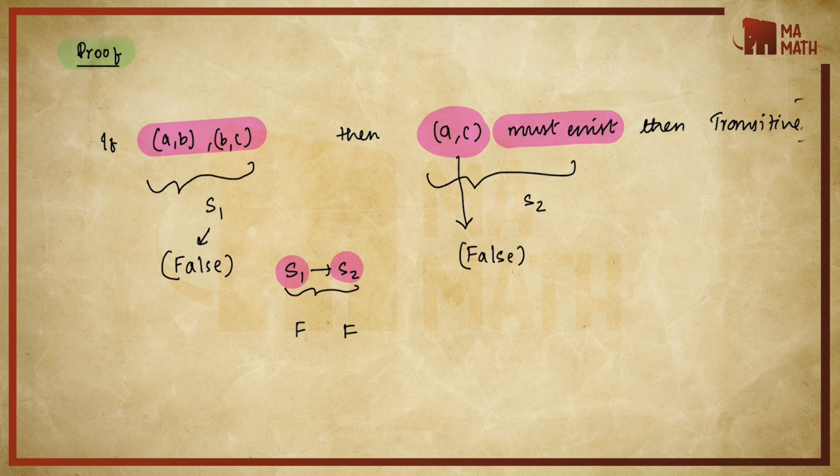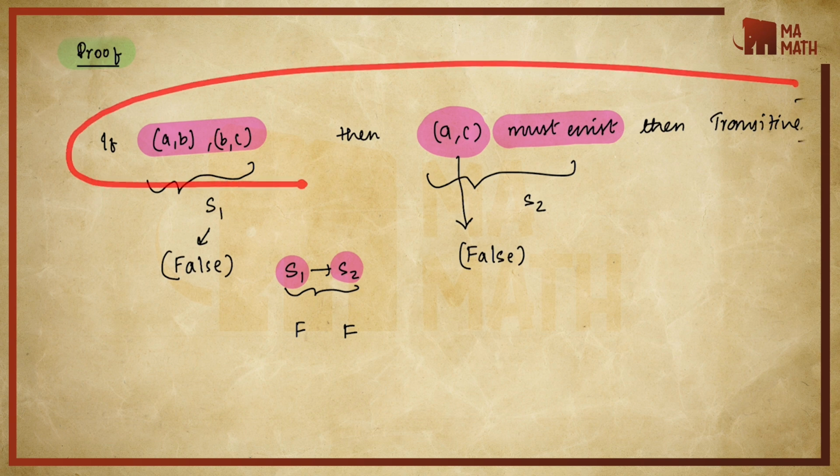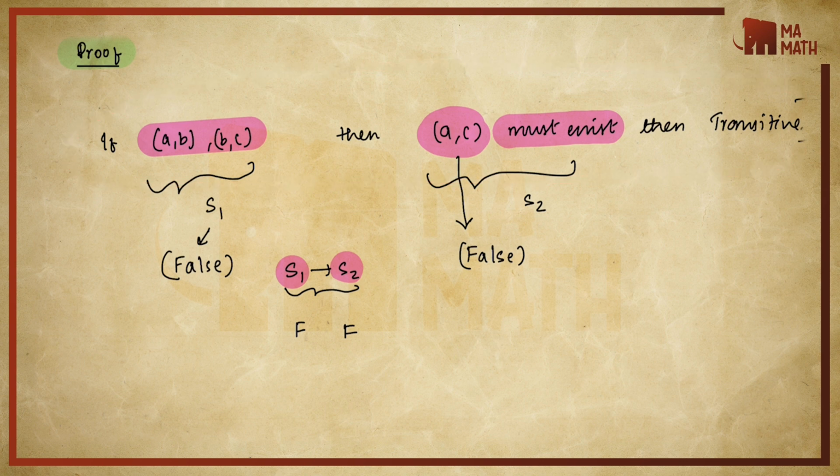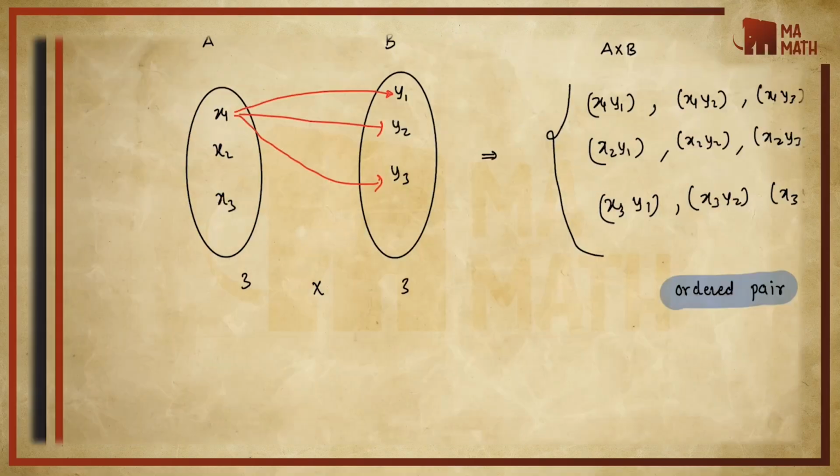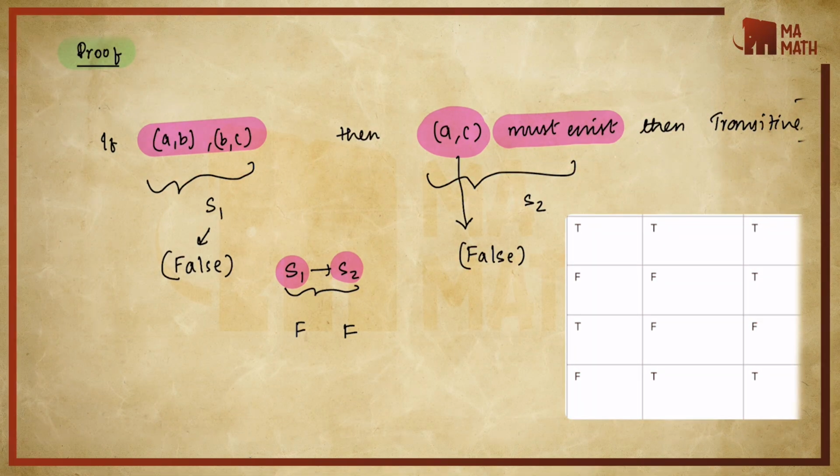This entire if-then statement which we have constructed, what happens to its truth value? Now we have seen in the previous tables that if both statements are false, then the resultant statement will always be true, as we can see here.